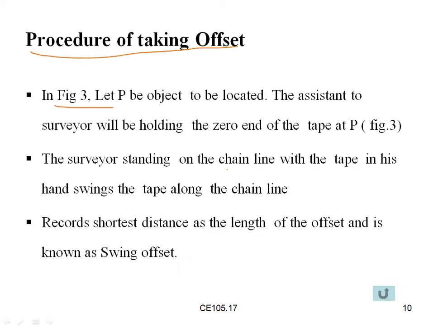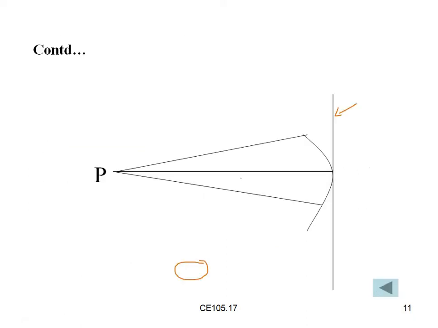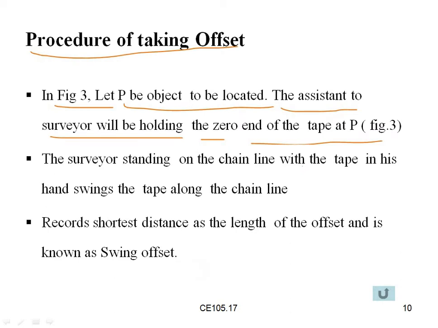In figure 3, let P be the object to be located. The assistant to the surveyor will be holding the 0 end of the tape at P. At the other end, the surveyor will be holding the tape.